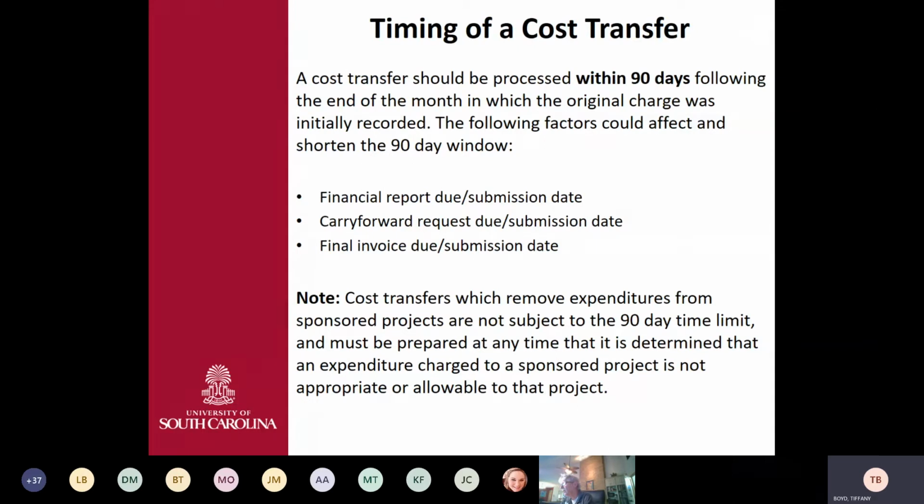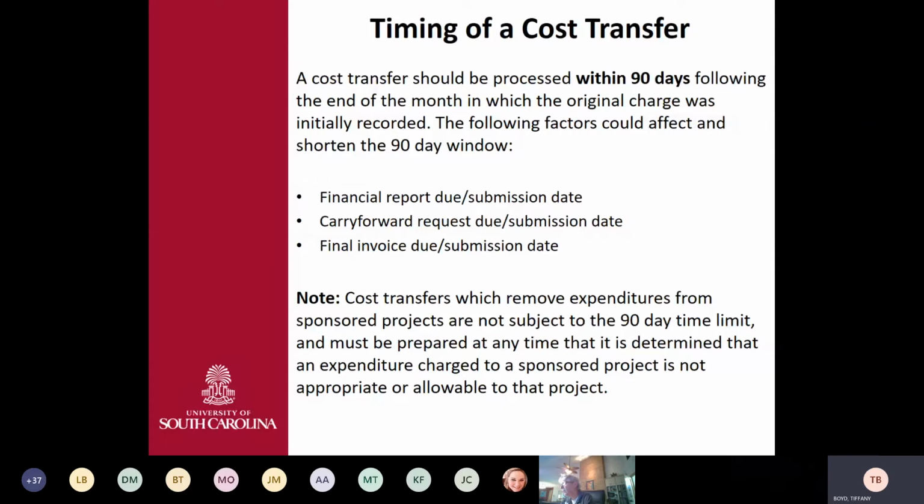And just know that another thing we want to highlight is that anytime you notice that an expenditure needs to be removed from a sponsored project, so there's been an error, for example you've accidentally charged payroll to an award that should have never been there, the 90-day time limit does not apply in those cases.